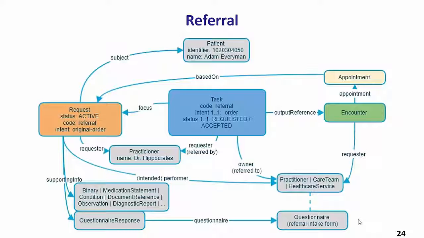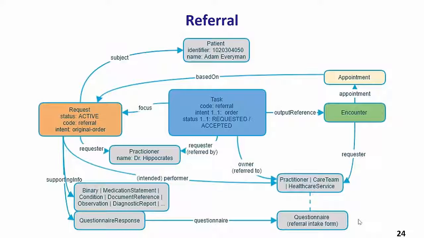Now the interesting bits are down here, because like in all requests, you can send supporting clinical information. And especially when we talk about a referral, you want there to be supporting clinical information in the form of binary documents, conditions, document references, observations, diagnostic reports, etc. And especially in the case of referrals, you probably need to fill in manually a questionnaire defined by the organization that you're going to refer to.